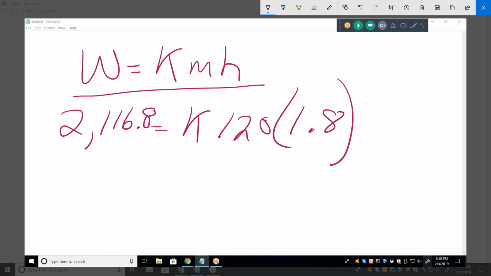See what I did? I listed the work, I listed the mass, 120, and I listed the height. The only thing missing is K. You have a calculator in front of you? Yes. What's K? Let's see, one.